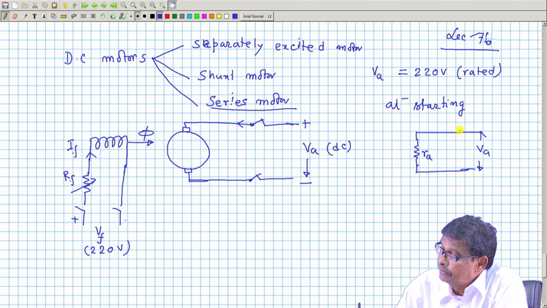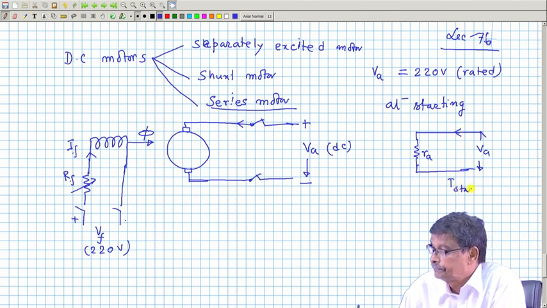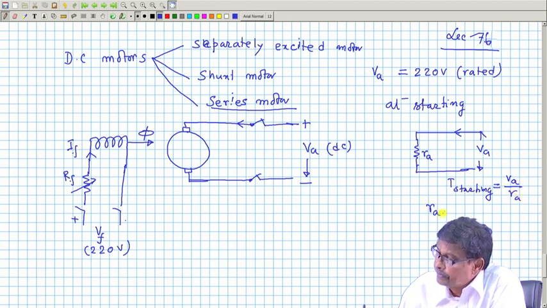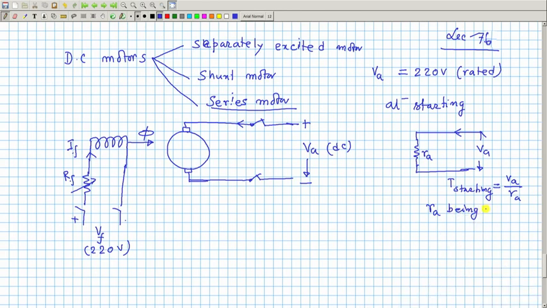So, the starting current will be pretty large: I starting is equal to VA divided by RA. RA being very small, the starting current will be very large. It will be high. Maybe there will be problems in the machine.